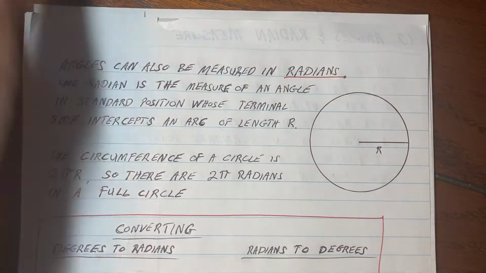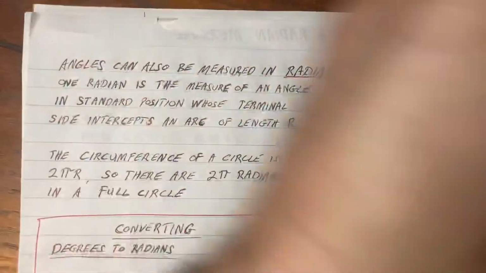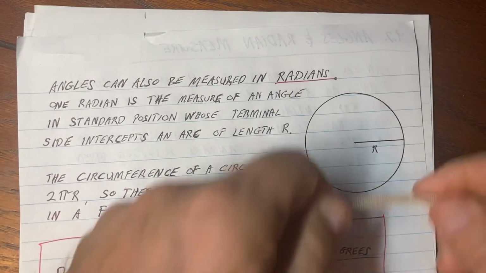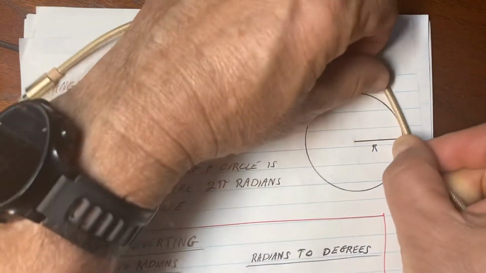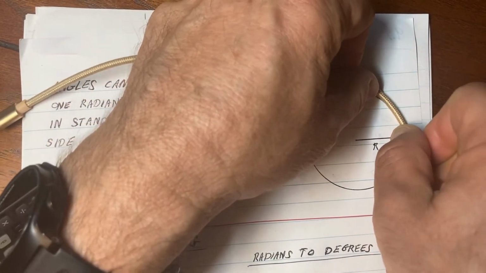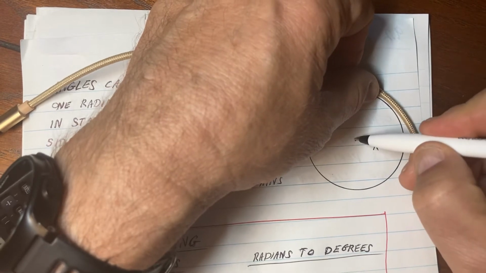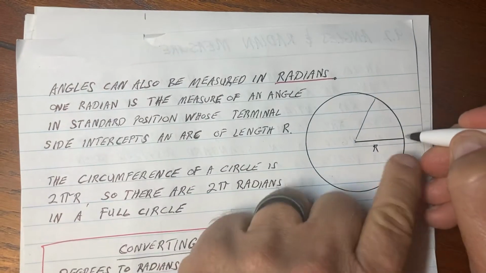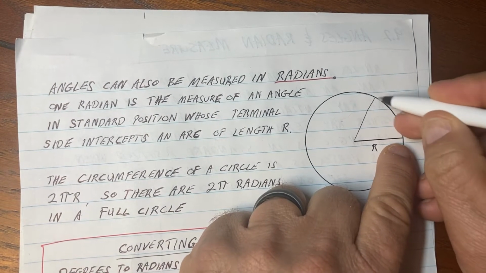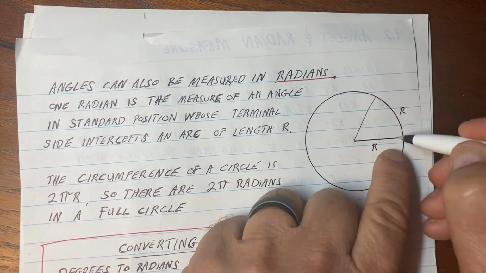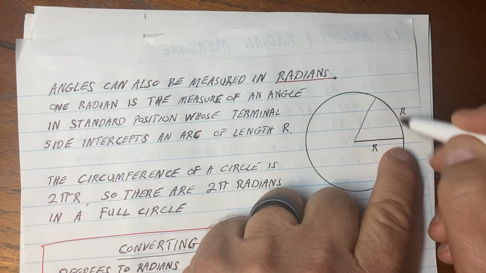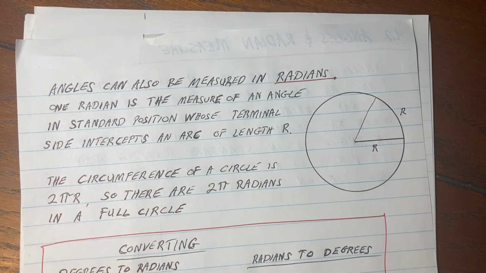If I took a piece of string, or in this case a cord, the same length as that radius and laid it across this arc, it would reach right to there. The arc length right here is the same length as the radius. This would be considered 1 radian.